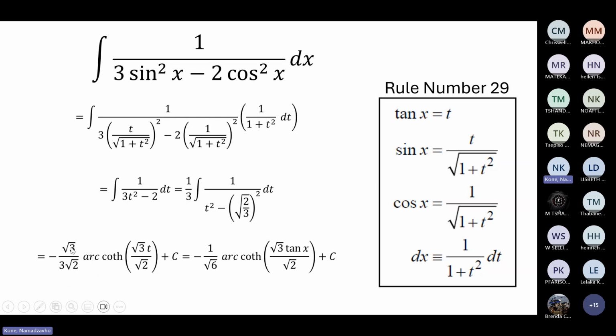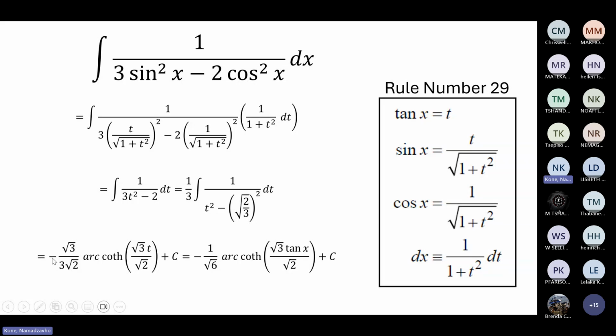Now, this answer, I have deliberately done it in two different ways, and I will explain that these two are exactly the same. Firstly, the 1/3 that was there must be here, which is this 3 that you see here. According to rule number 29, it is minus 1/a, if you check that.